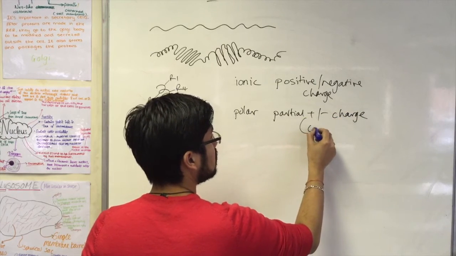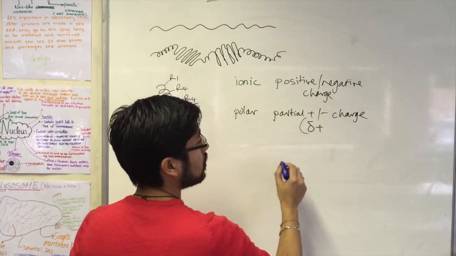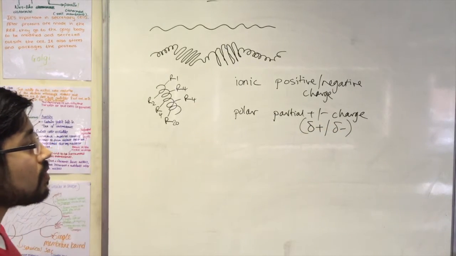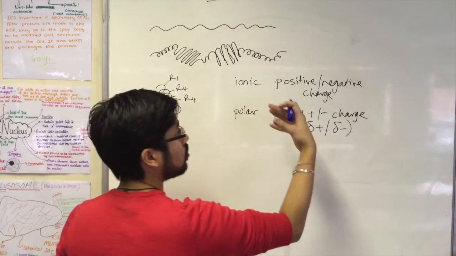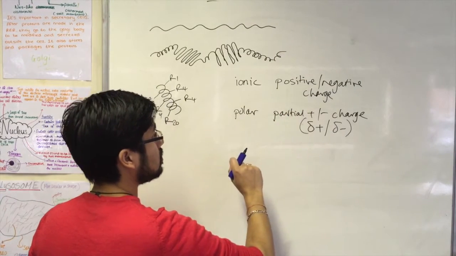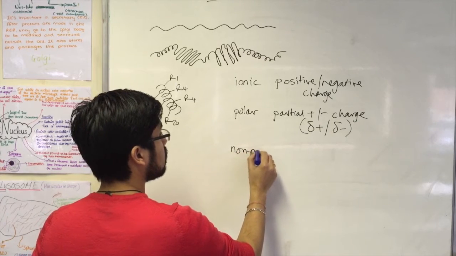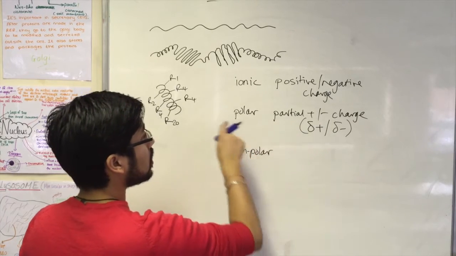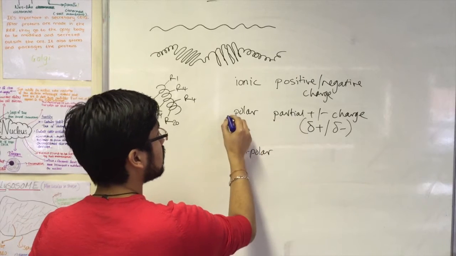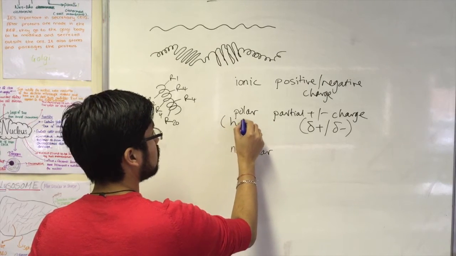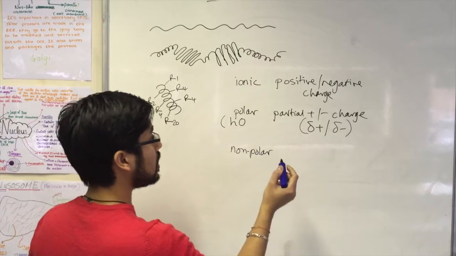Remember, we always denote that like this: delta positive or delta negative. Okay, it's not as strong as a full positive or negative charge. They might be non-polar. Oh, sorry. With polar, remember, they always like to interact with water, so I'll denote that by this sign, hydrophilic.